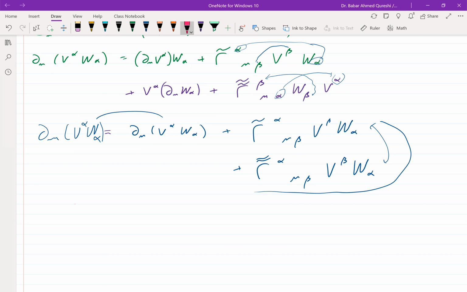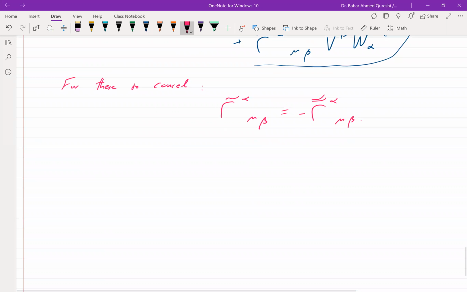So for these to cancel, I have to have alpha mu beta is equal to minus alpha mu beta. So the connection coefficients which are defined for the one form have to be equal to the negative of the connection coefficient for the vectors. So I don't need to even define them. They're just given by the connection coefficients of the vectors.